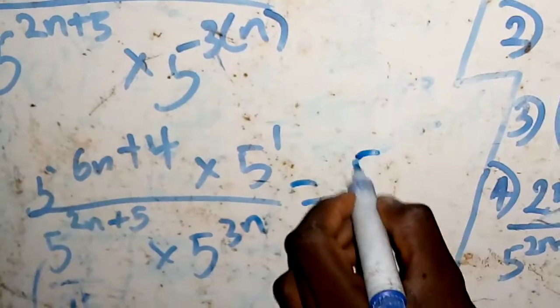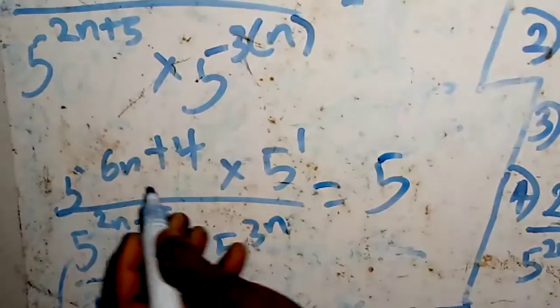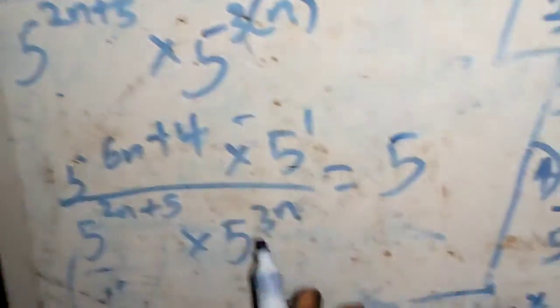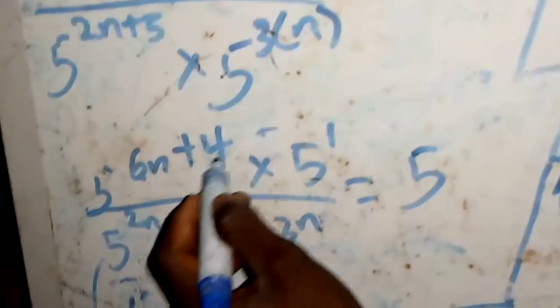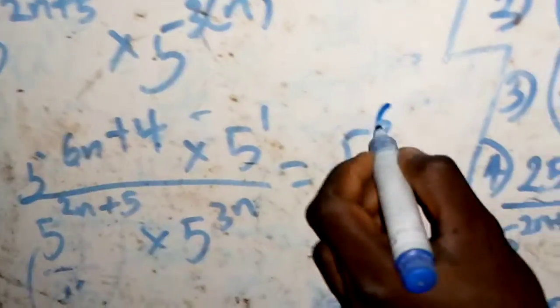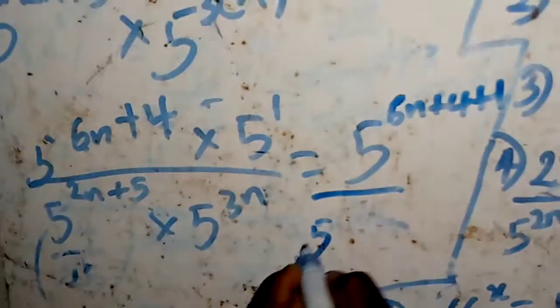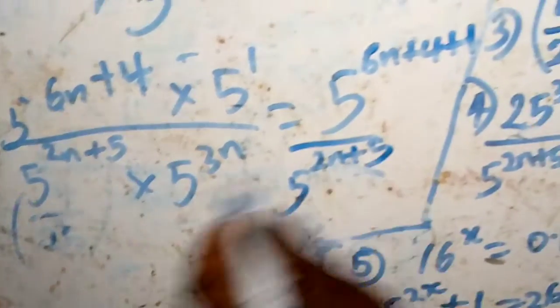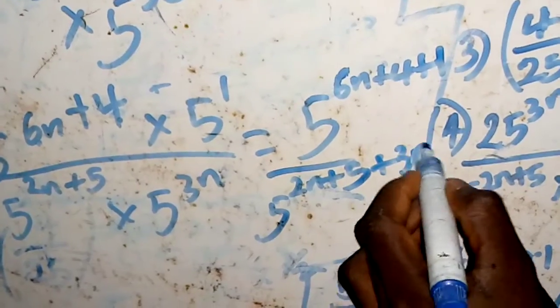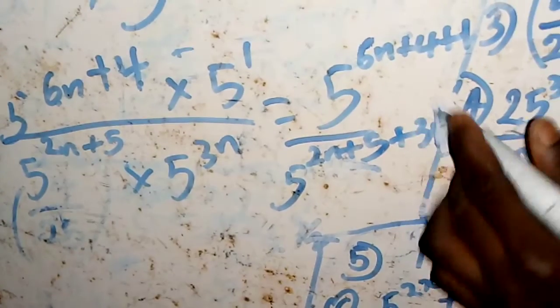So you pick 5 indices. Then your power, this times turns to plus for the power. So 6n plus 4, that's plus 1. 6n plus 4 plus 1 divided by 5, 2n plus 5, times turns to plus 3n. So this is 3n.